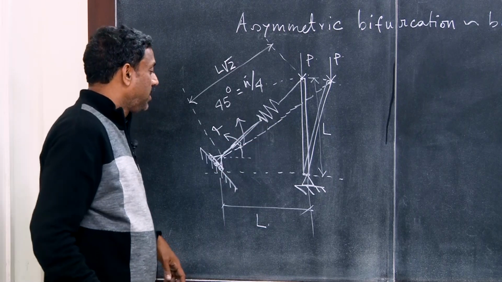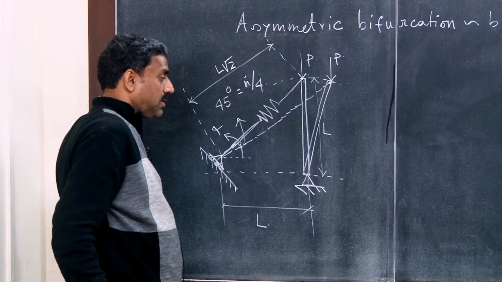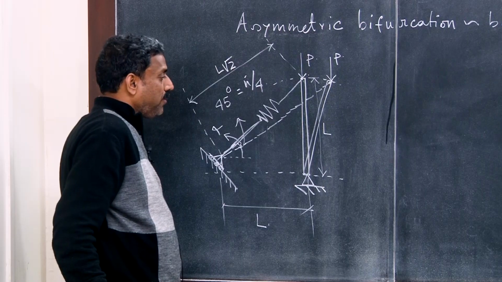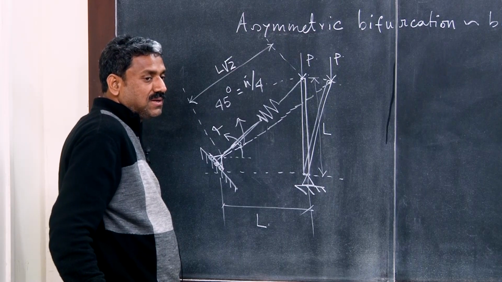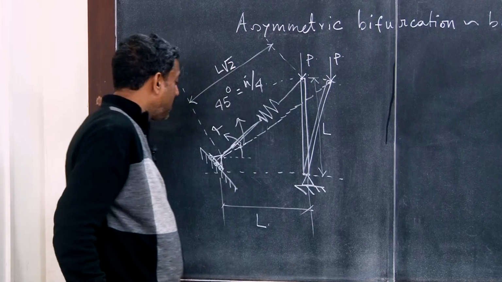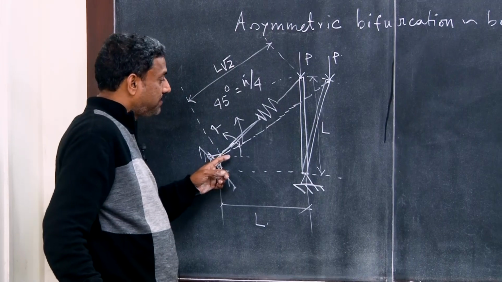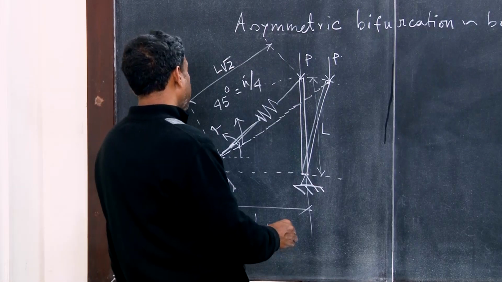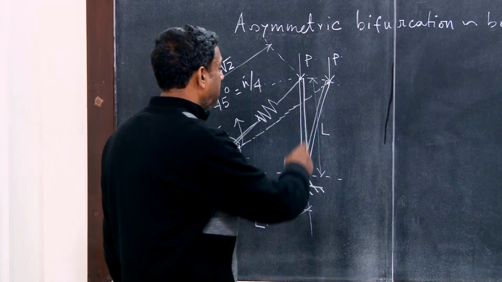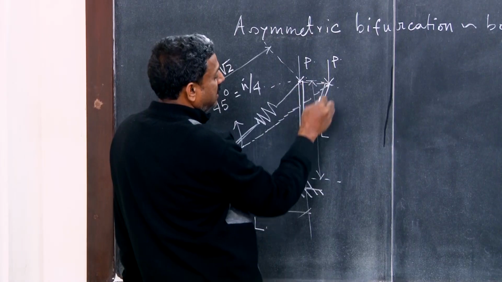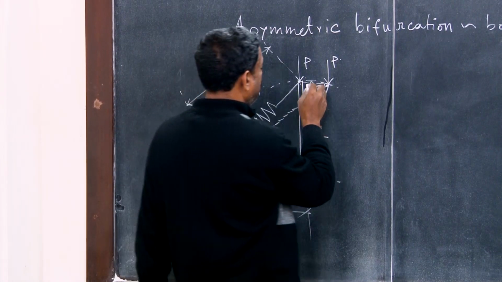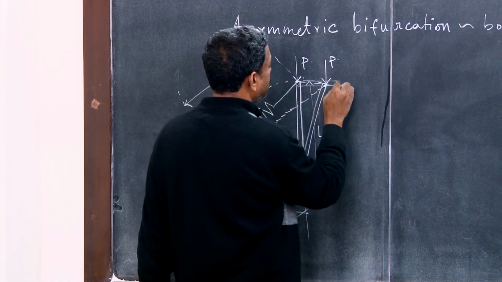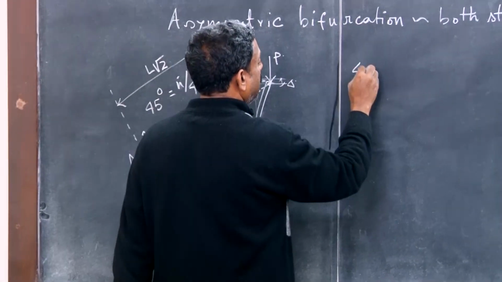So, the way we are going to proceed, we have to assess the potential energy function, right. So, potential strain energy minus work done. You can understand that this is very simple, because earlier it was L, if you consider this deflection under P, right.